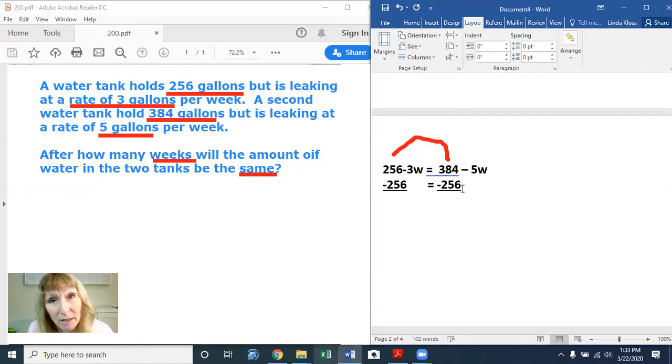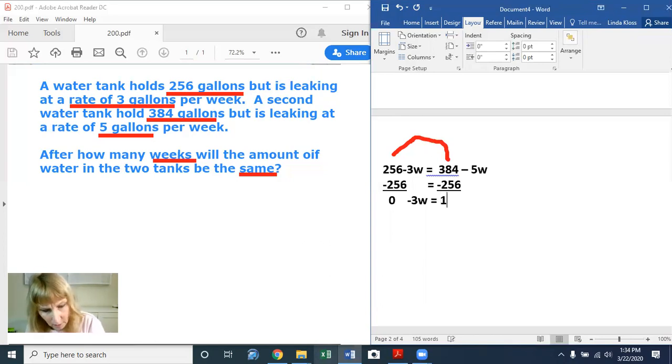So 256 minus 256 is 0. And we still have our minus 3w. We haven't done anything with that yet. Equals, now we have 384 minus 256. Go ahead and do the math for that. It should come out to, I believe, 128 when I did this initially.